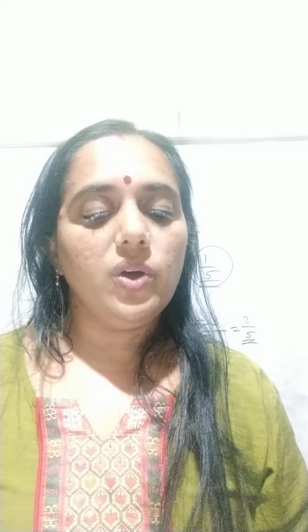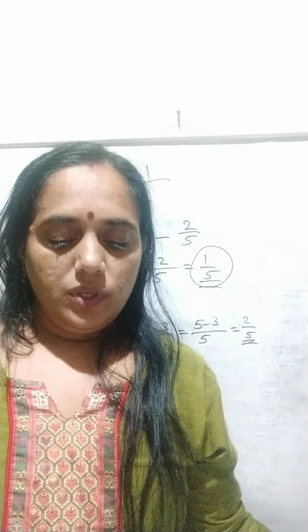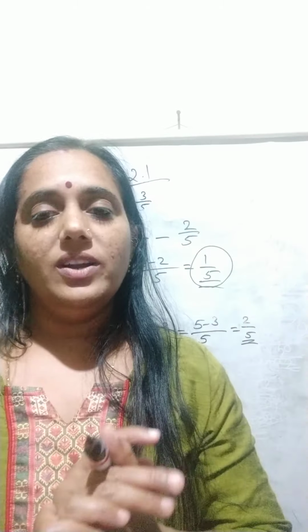Then the next question is the 8th question. Michael finished coloring a picture in 7 on 12 hours. Vaibhav finished coloring the same picture in 3 on 4 hours. Who worked longer? By what fraction was it longer? That means Michael and Vaibhav were doing one work.